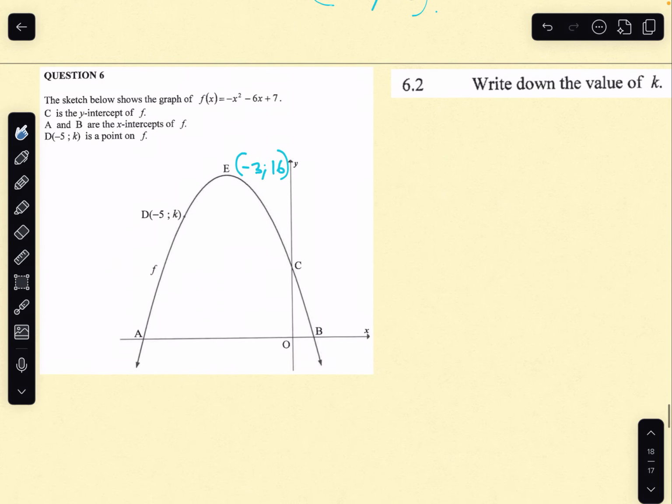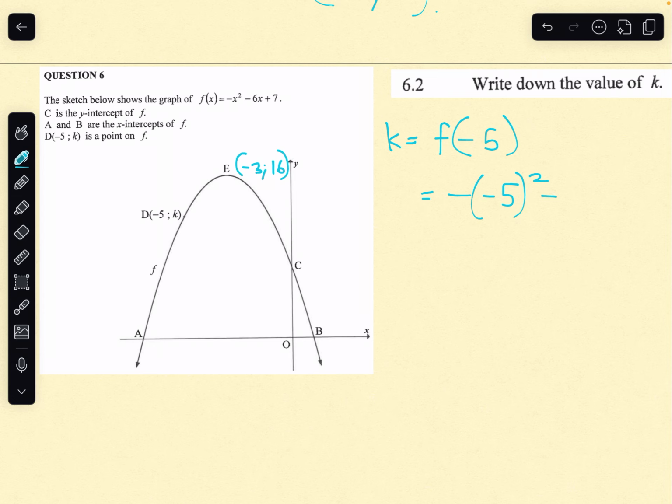Right, so next up we have write down the value of k, this guy. So we know the x, so we can find the y by putting it into the function. Right, so k is equal to the output of function f when x is equal to minus 5. So that is what we're going to work out.